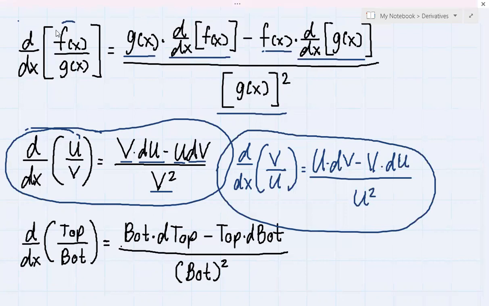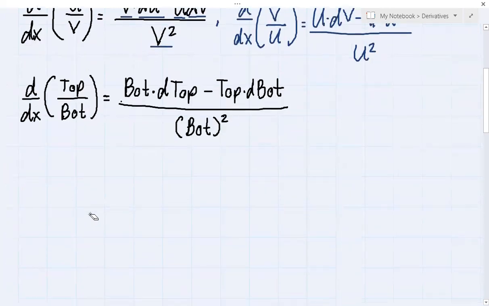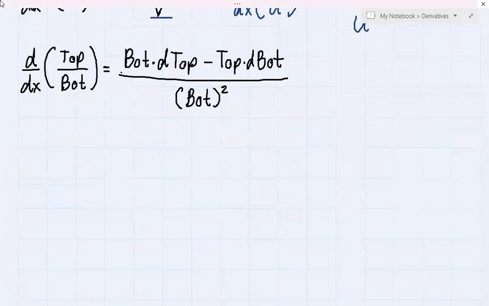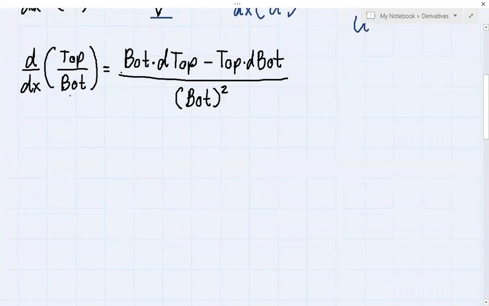Not unlike sa product rule, you can pick which one is your U, which one is your V. Nothing changes. So to avoid confusion, let's just use this formula, the last one, which I highly recommend. Okay? Since numerator is at the top and denominator is at the bottom or bot, therefore, we can just use this format na lang. Mas madali pa.